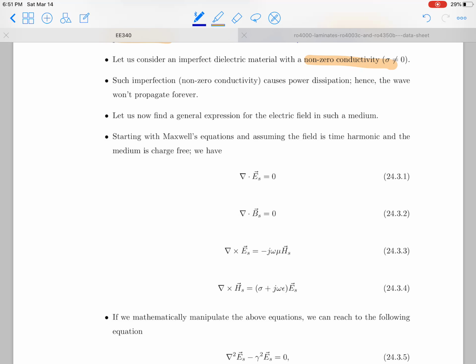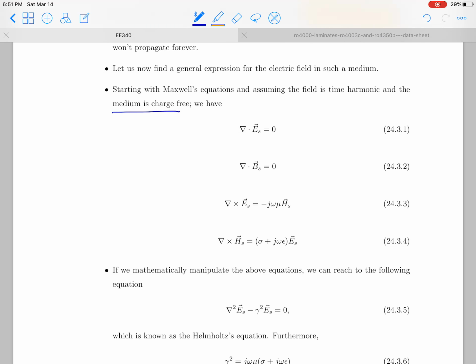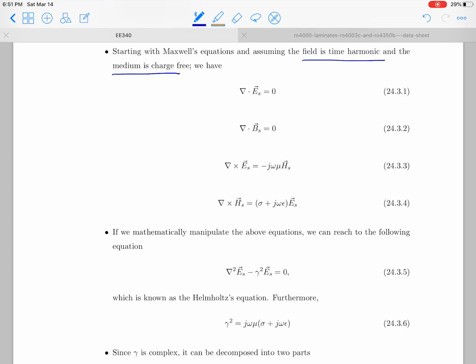We'll assume that the medium is charge-free, and also we assume that the field is time harmonic. Those analyses can be extended to a non-time harmonic field, but this extension is beyond the scope of this class.